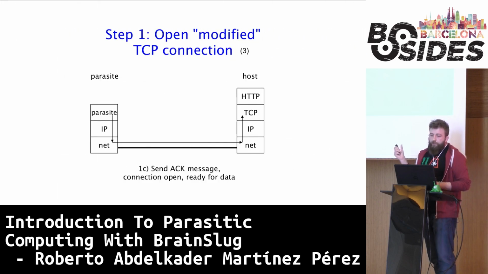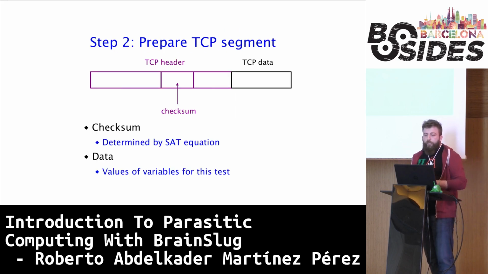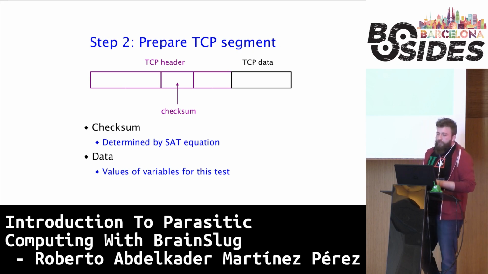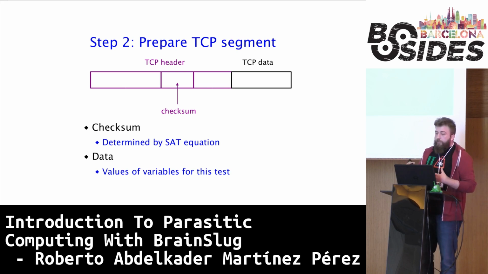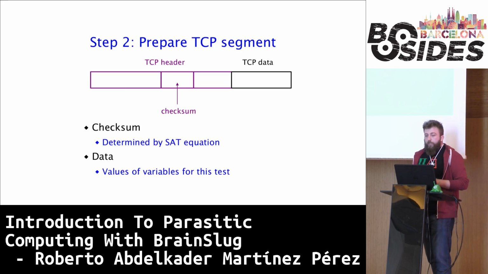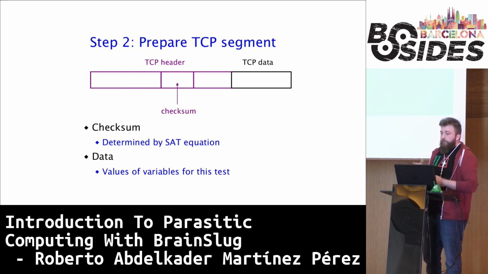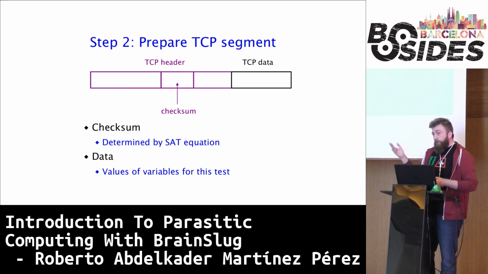They establish the connection normally, and then they forge this packet by encoding the smaller problem into the TCP payload and the checksum, in a way that if the TCP checksum is correct for the data that's in the packet, then the Boolean operation is also true, and vice versa.